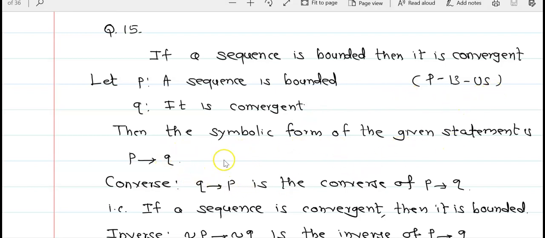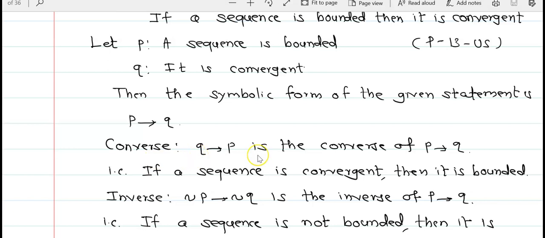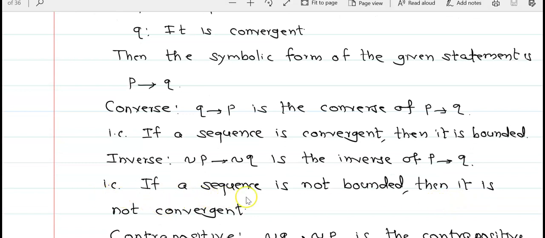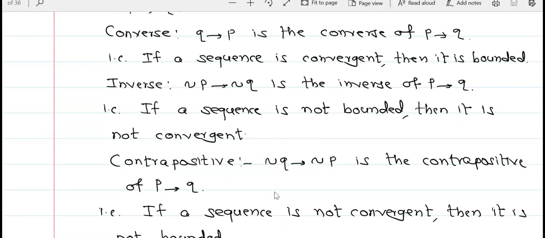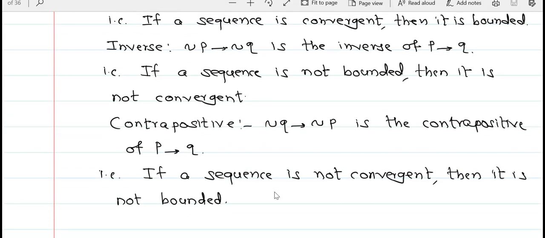The symbolic form is P implies Q. The converse is Q implies P: if a sequence is convergent, then it is bounded. The inverse is negation of P implies negation of Q: if the sequence is not bounded, then it is not convergent. The contrapositive is negation of Q implies negation of P: if a sequence is not convergent, then it is not bounded.